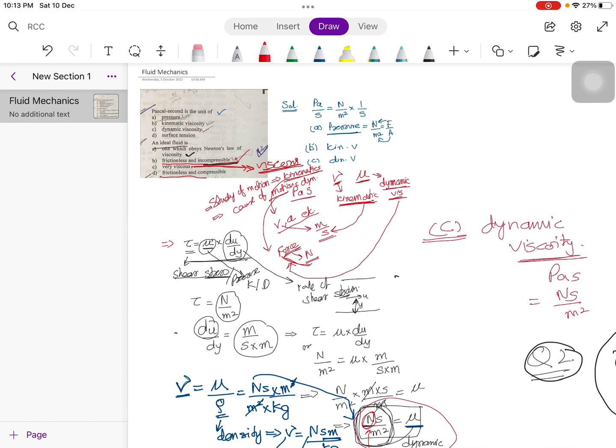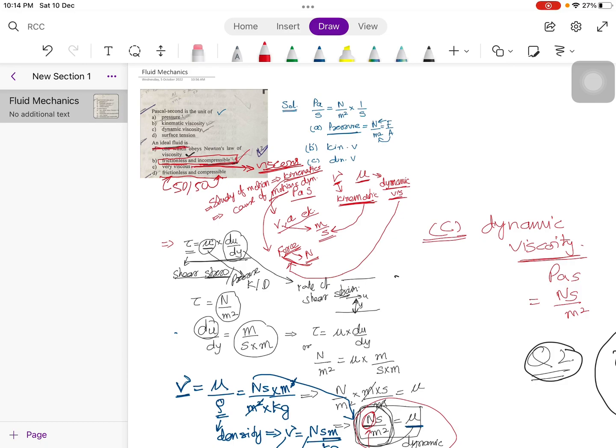Then the last option, it's a little 50-50, because an ideal fluid would be frictionless and it would be incompressible. It won't have any friction in between the layers, and no matter how we are going to compress it, this fluid is not going to get compressed.